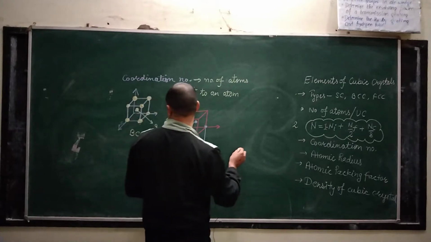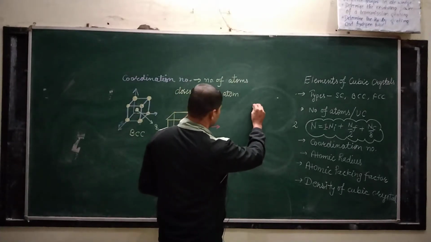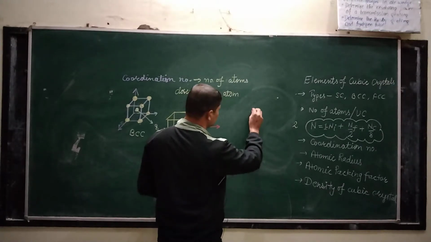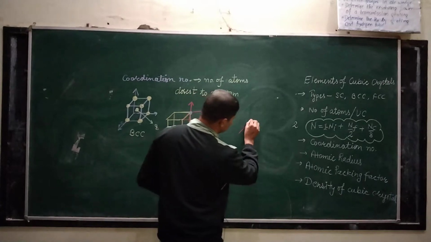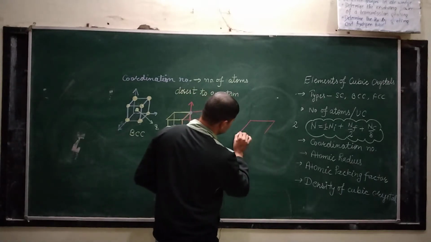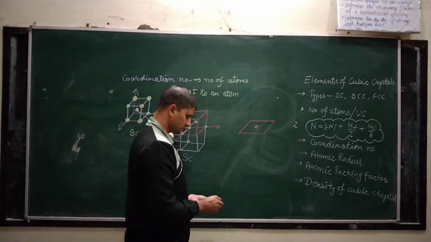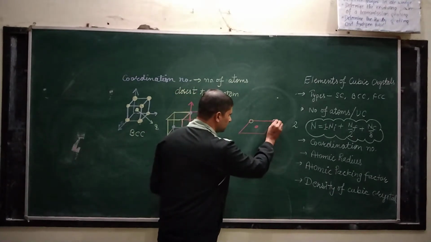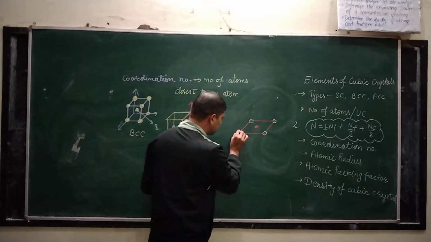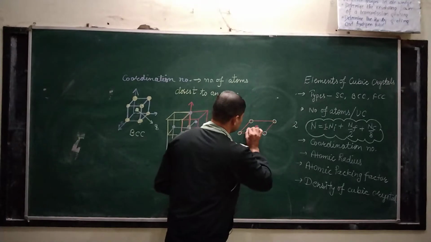And if you have FCC, I am making one of the faces. This is the face here, and this is the particle. So class, see, one particle is present here and another is here. So 4 particles are in the same plane. Now see, what is this distance?